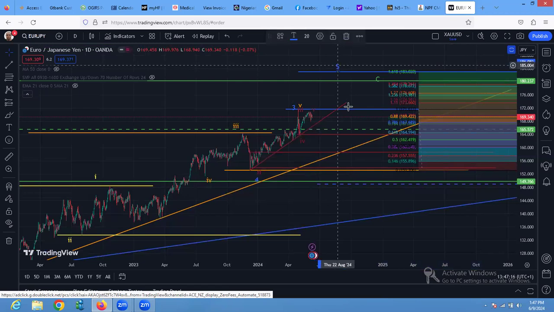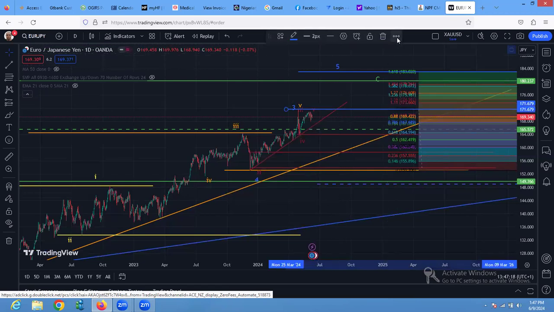This will be the height of 5 for now, and it can get stalled at around 123, which is around this area.